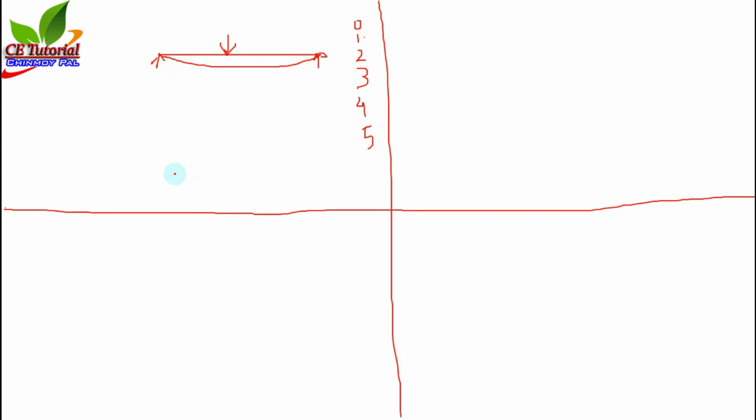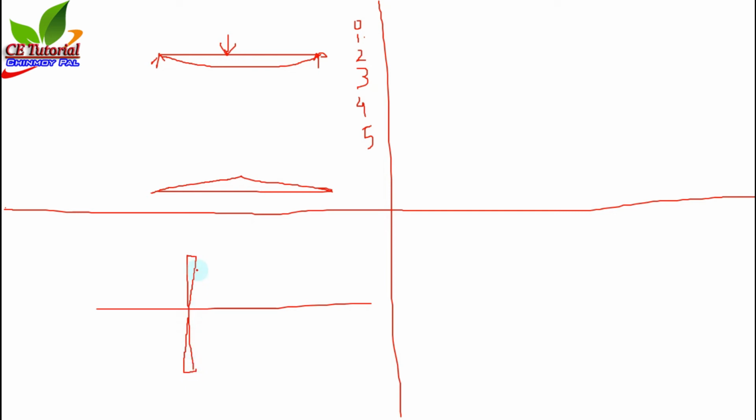Now bending moment, suppose this is the bending moment figure, and the bending stress diagram will be suppose like this. So this is the neutral axis, this is the bending stress diagram. Okay, and this is the sigma c.